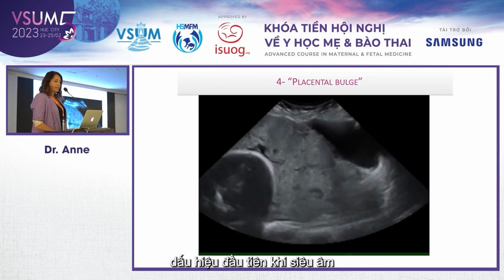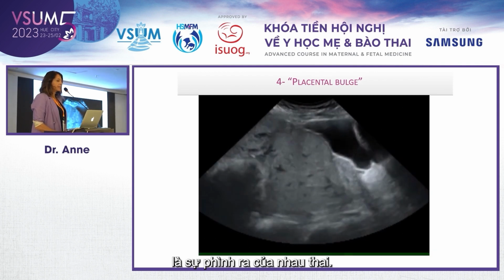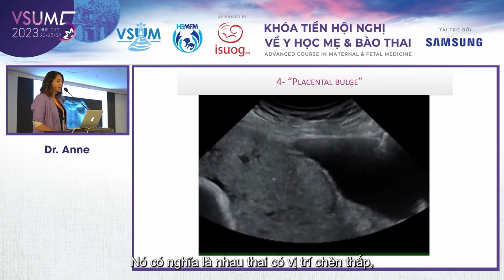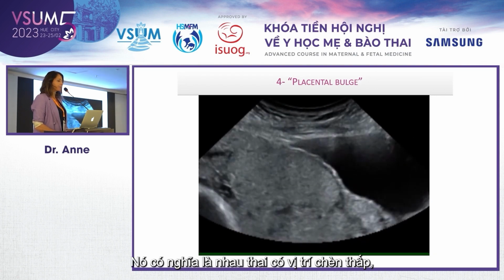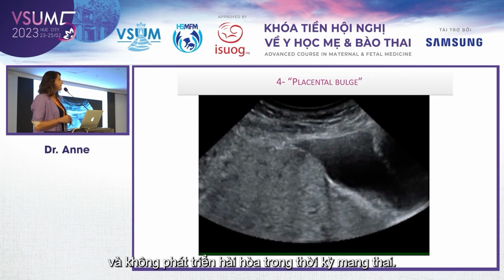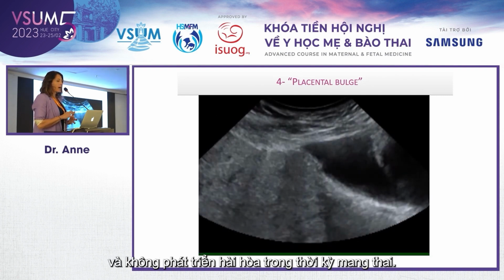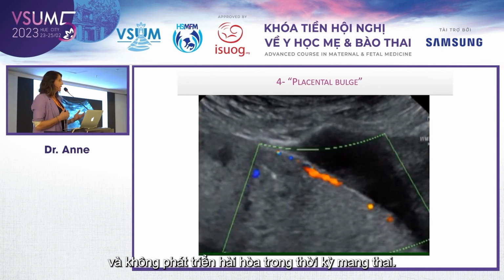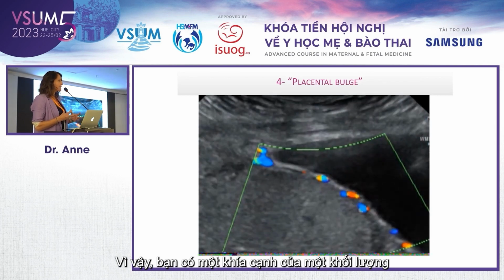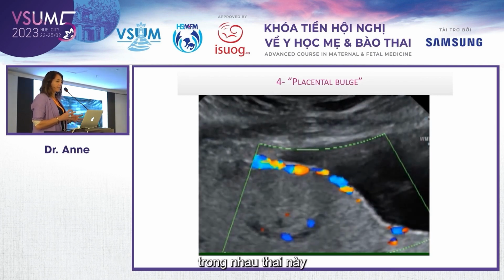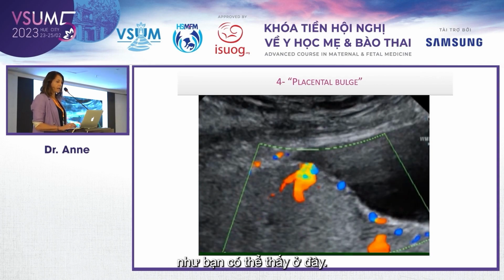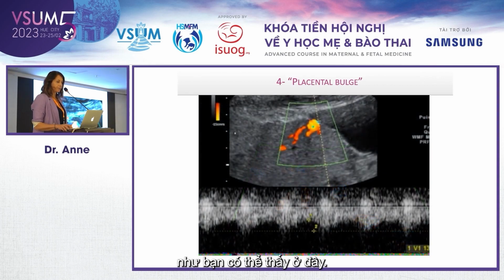The fourth sign in ultrasound is the placental bulging. It means that the placenta stayed low inserted and did not develop with harmony during the gestation. So you have an aspect of a mass in this placenta, and the borders are bulging, as you can see here.